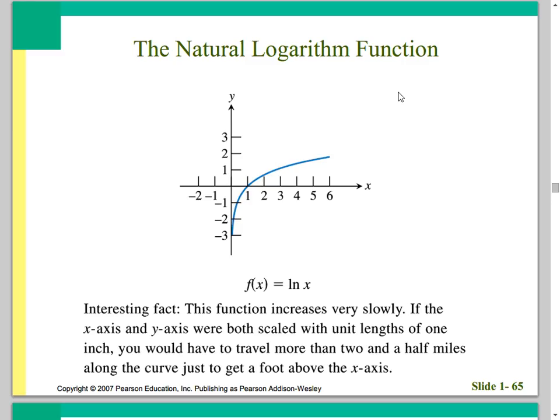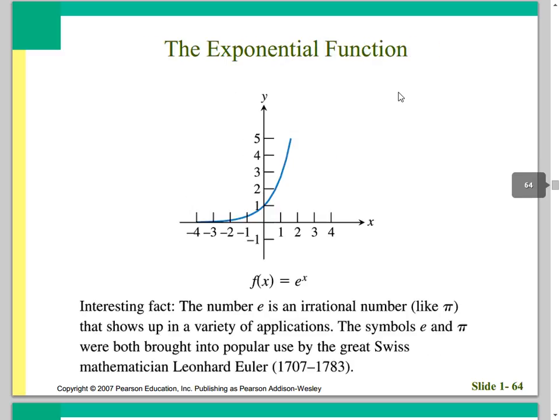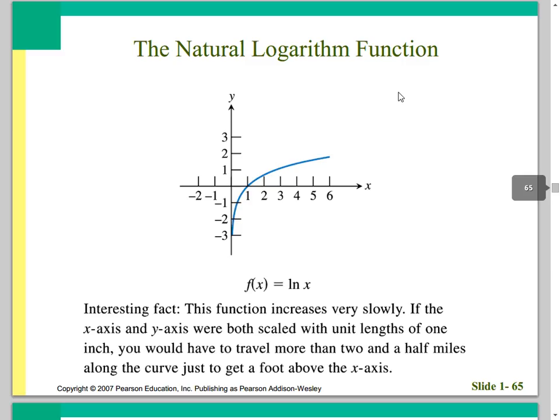By the way, the exponential function and the natural log are inverse operations of one another, which means they reflect across the identity function. See how that swoops that way, and this swoops this way? They reflect across the identity function diagonal.